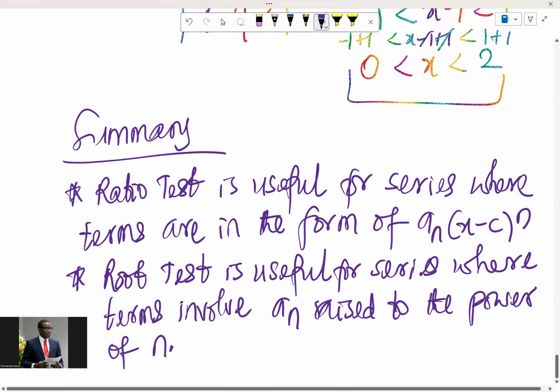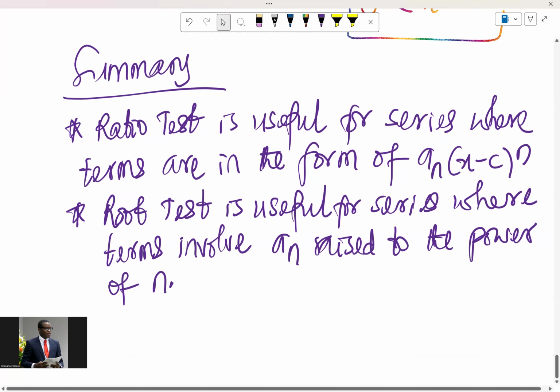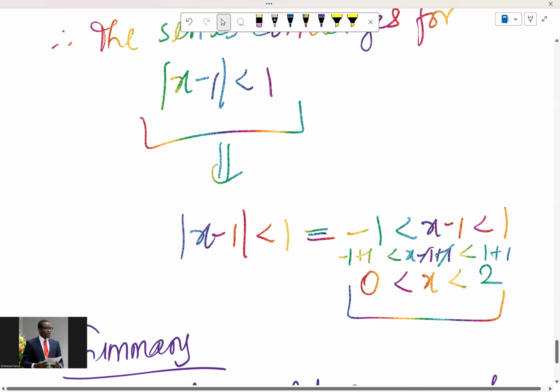So once you have the coefficient with something raised to power n, the root test is usually good for that. So that can help you to move fast. Both methods provide a systematic approach to finding the radius of convergence, helping determine the interval of convergence for power series. So we have come to the end of this one.